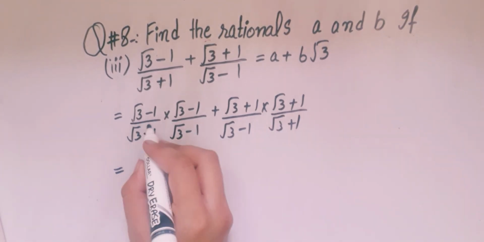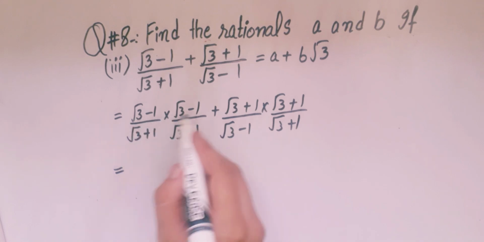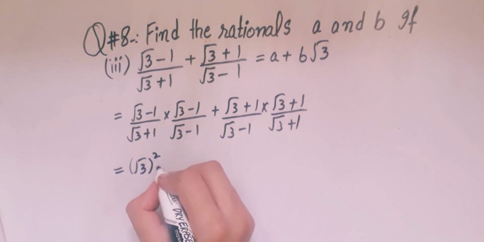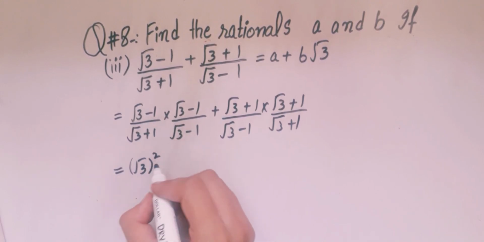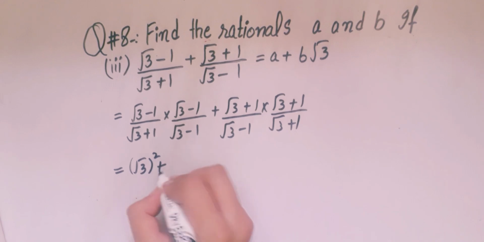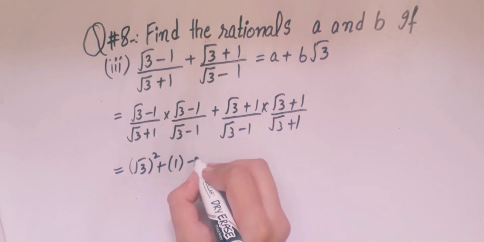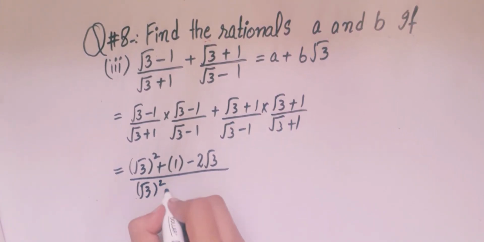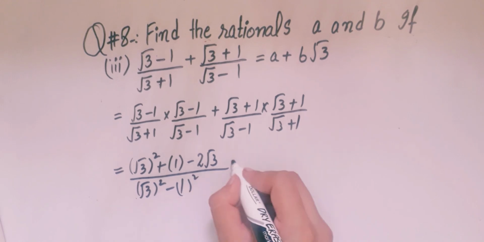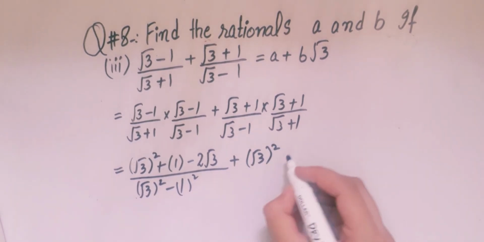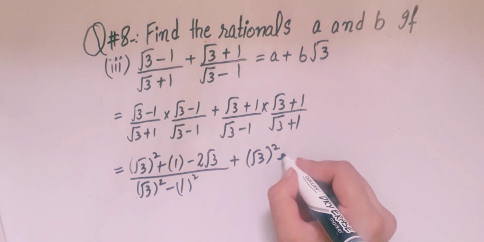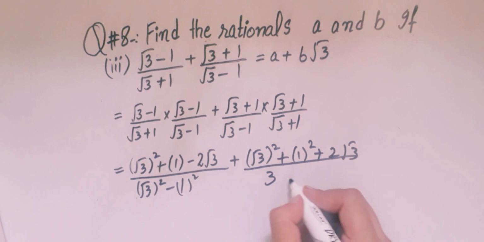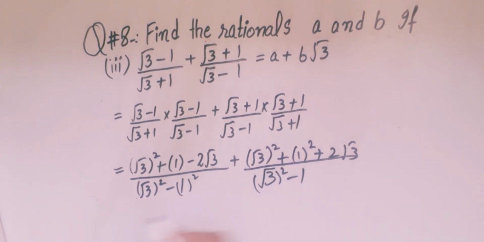Now, by multiplying these terms, we have square root of 3 whole square, plus 1, minus 2 square root of 3, and here we have square root of 3 square minus 1, plus square root of 3 square, plus 1 square plus 2 square root of 3 by 3 minus 1.